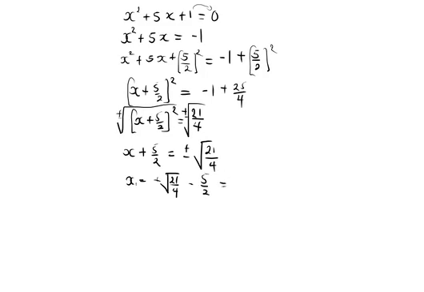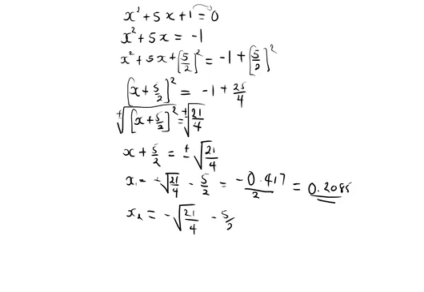will be equal to negative 0.417 over 2 after simplifying, which can also be written as 0.2085. For x2, we will use a negative root, which will give us negative square root of 21 over 4 minus 5 over 2.